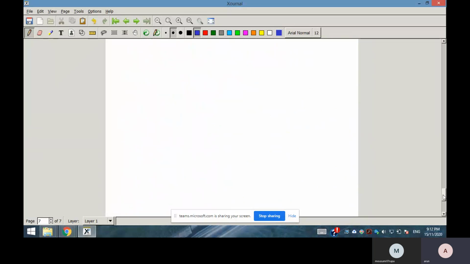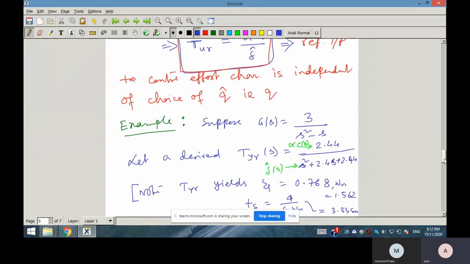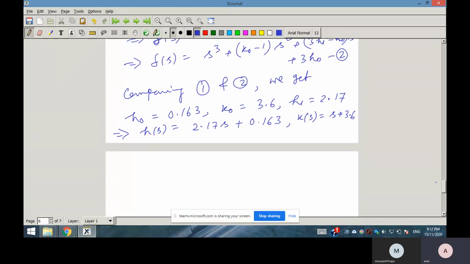Now what is your QS? QS equal to alpha into Q hat S. Q hat S I have chosen, but what is alpha? You can see alpha into CS equal to 2.44. So what is alpha? What is your CS? Alpha into 3, CS is 3, equal to 2.44. So this implies alpha equal to 0.813.